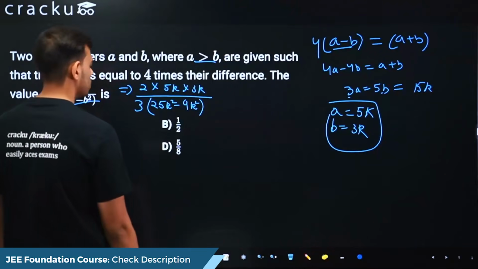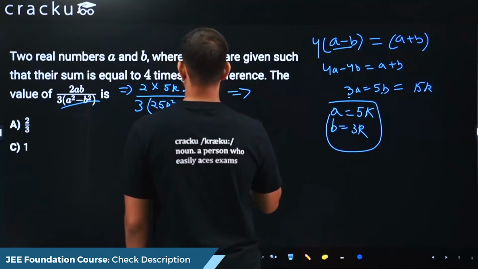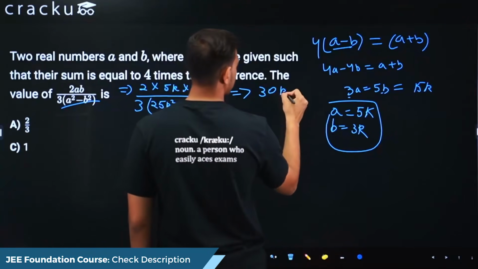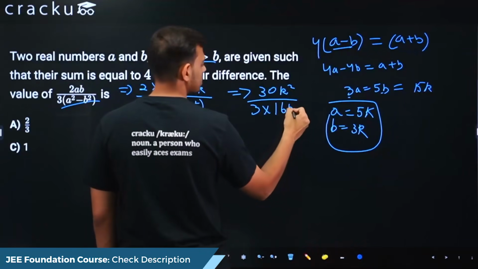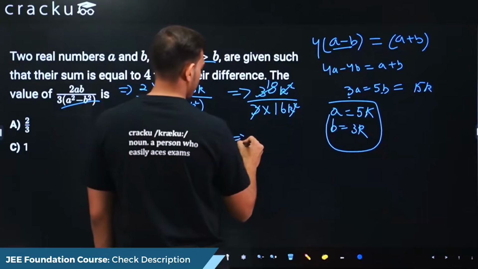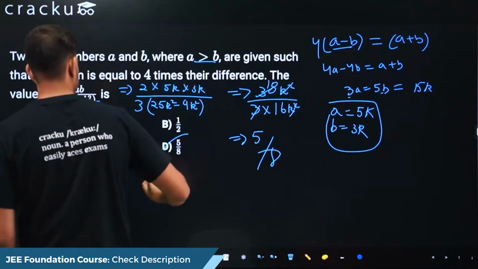So this comes out to be 15 times 2, 30K square divided by 3 multiplied by 16K square. K square gets cancelled out. 10 by 16 is 5 by 8. Correct answer will be option D.